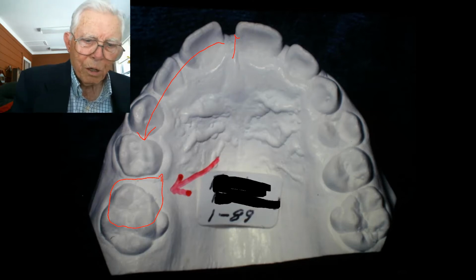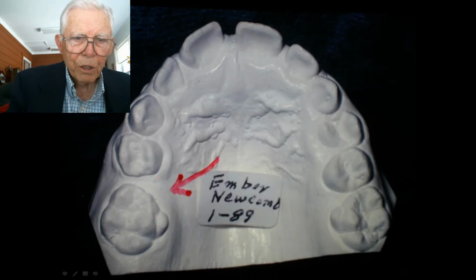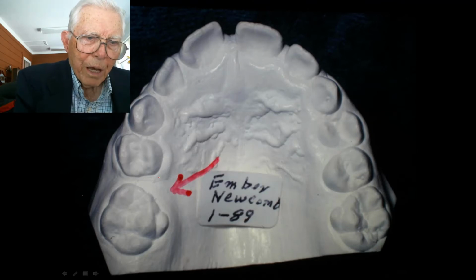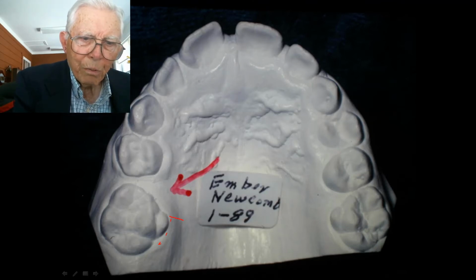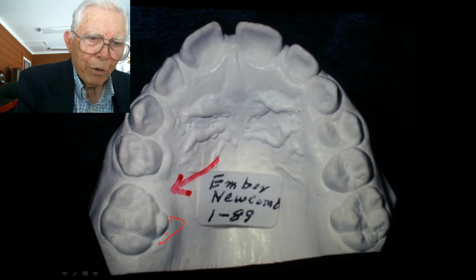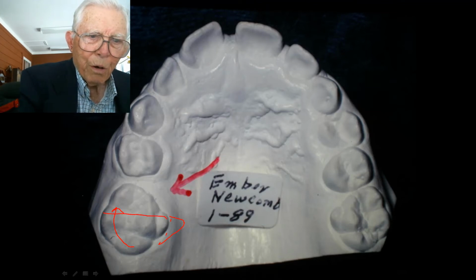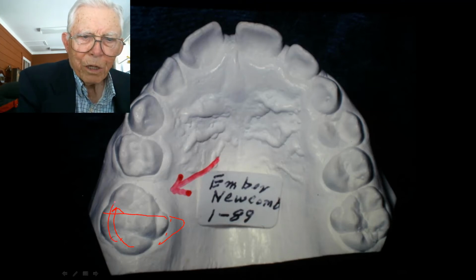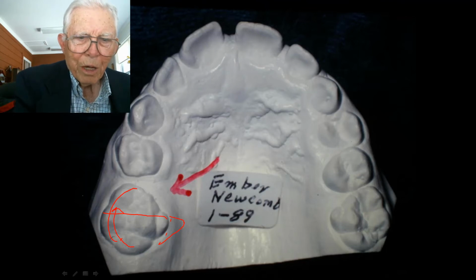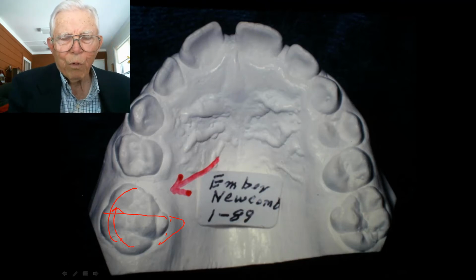Now look at this 6-year molar. As it drifted forward, it rotates on this big lingual root, and it turns in this direction as it goes. And you see, this should be over like that. It actually rotated the tooth in here as it moved forward.